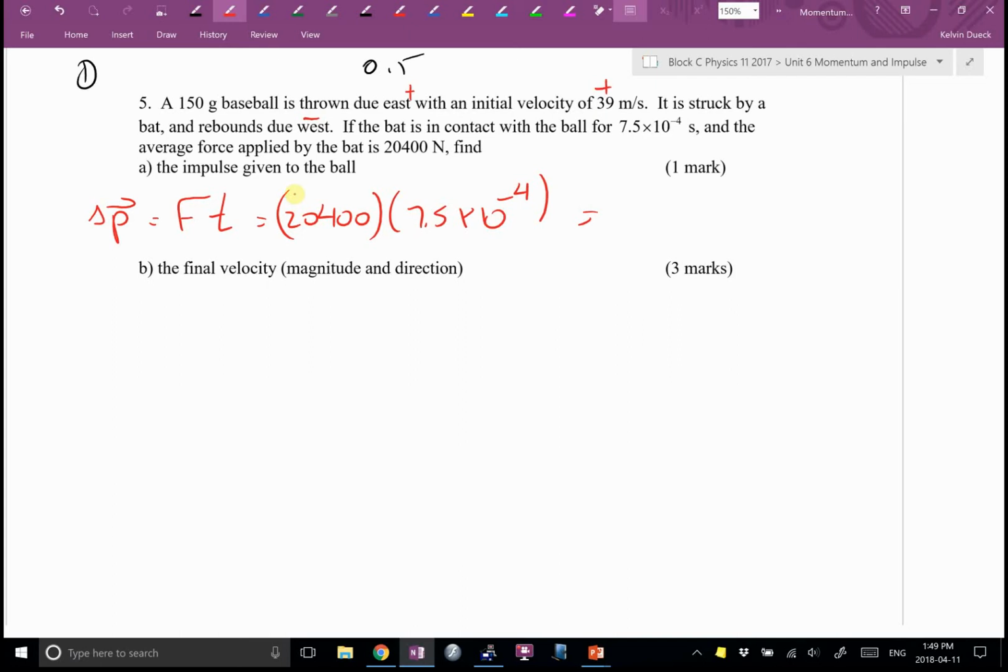I should have called this negative, and that would give me negative 15.3 or 15.3 Newton seconds. You could also say kilogram meters per second, but here's the important part. What's the direction? West. I'll take a half mark off if you didn't put a direction there.